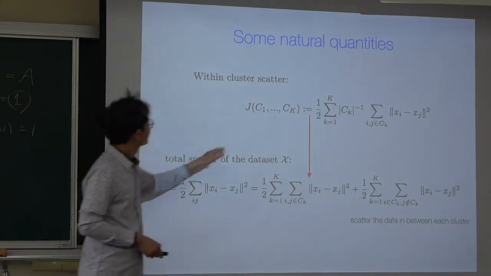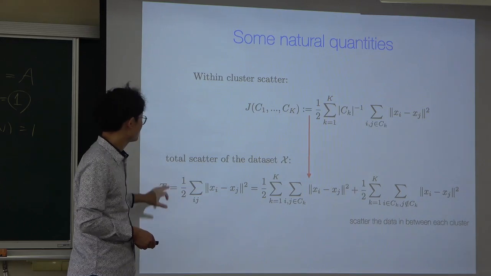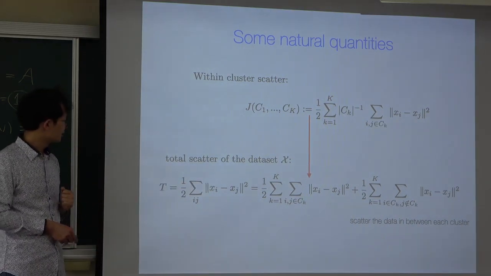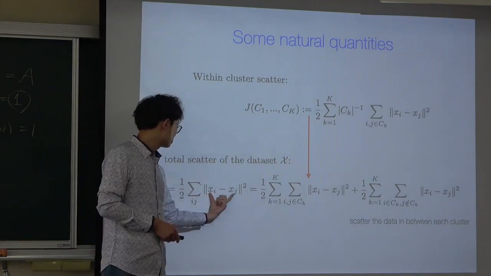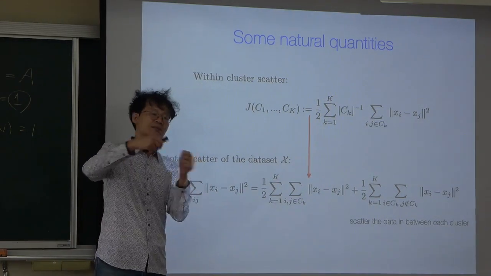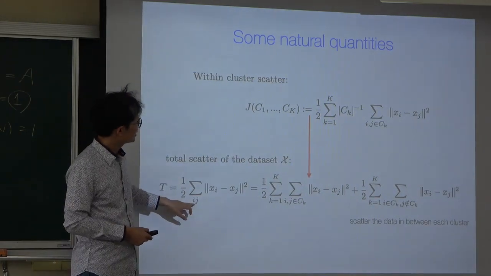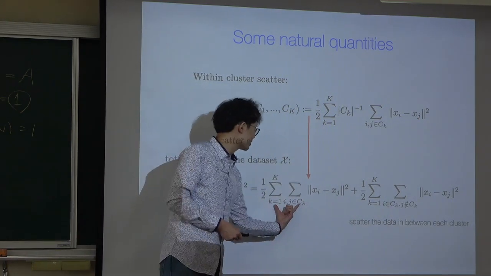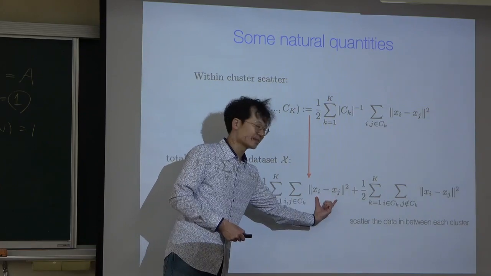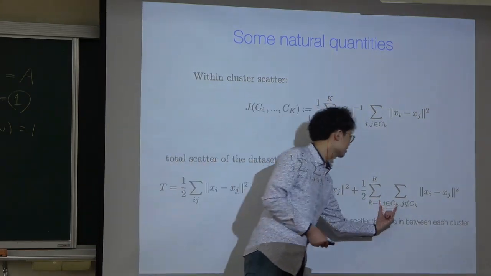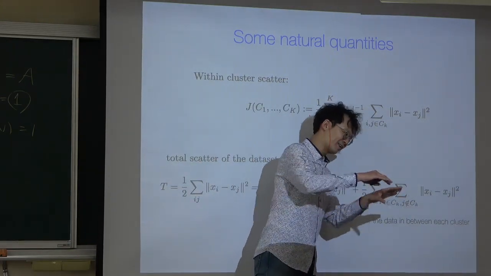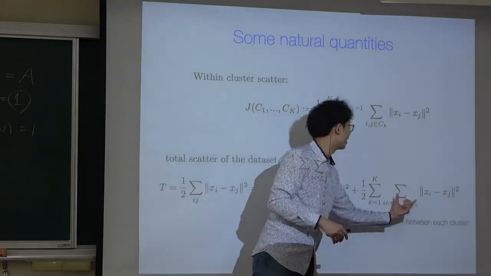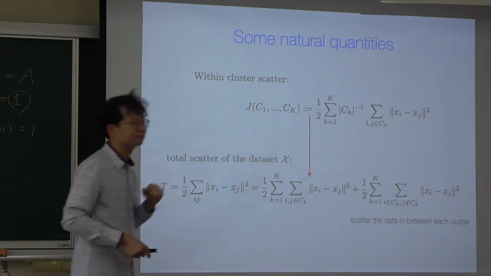And actually, this quantity is part of the total scatter of the data set X. That is, you calculate all pairwise distances inside the data set, and it can be written as the within cluster scatter and the in between different cluster scatter.